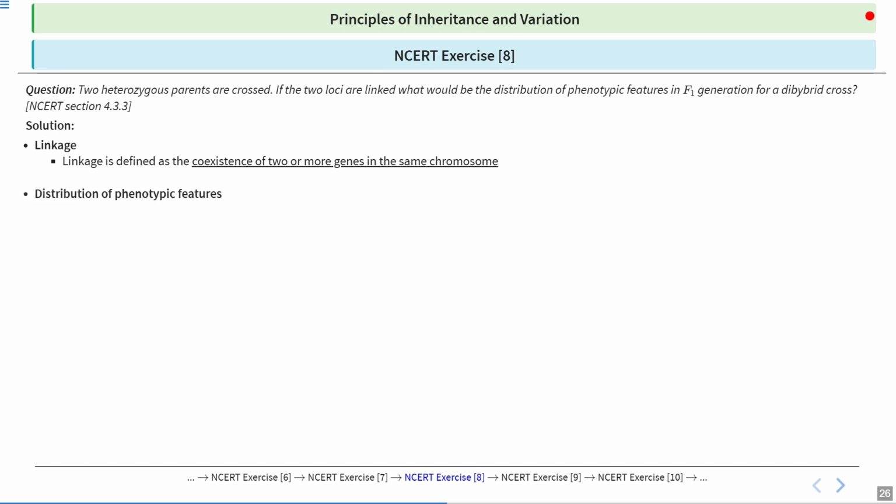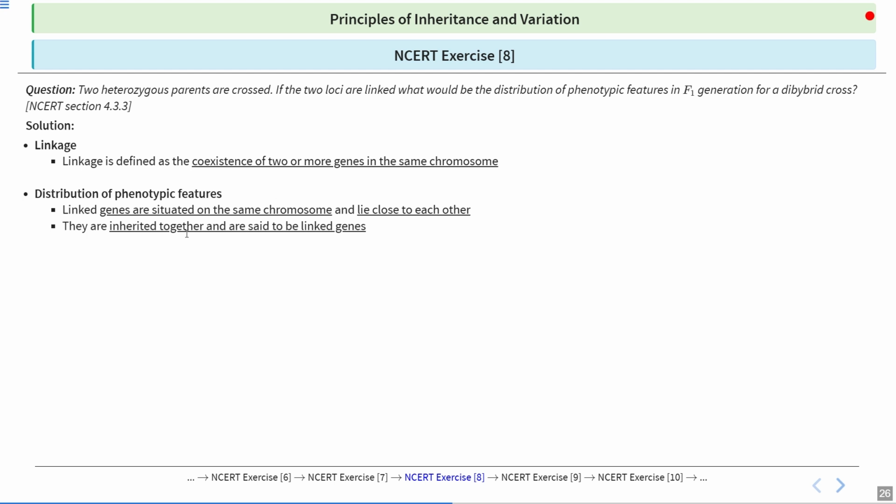So what would be the distribution of the phenotypic features? Here you will get more parental combinations as compared to recombinants because the genes are linked. Linked genes are situated on the same chromosome and they lie close to each other. They are inherited together and are said to be linked genes. That's why more parental types are seen as compared to non-parental.